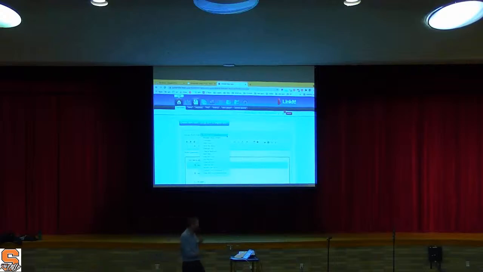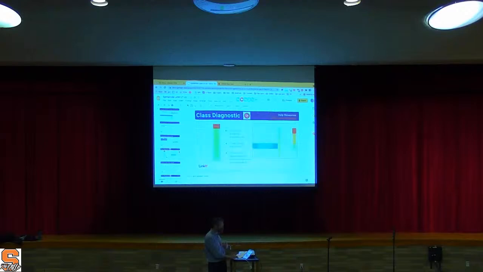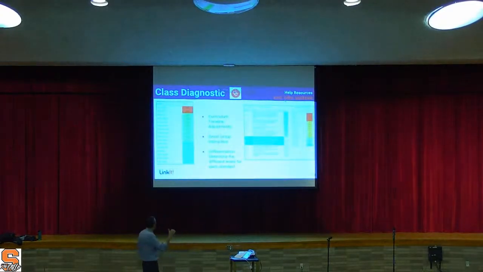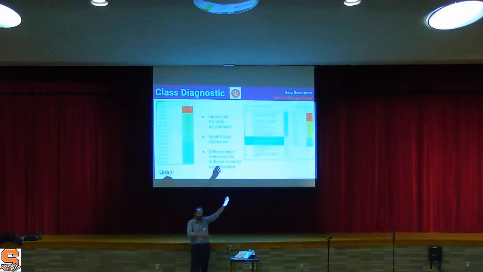Another big reason that teachers and districts use us for testing is this report that I showed you in the opener, and for those of you who were in the last session, this class diagnostic. If you can put standards on related to questions, you can make that shift from, hey, my class got a B average, to these are the standards my class knows in green, and these are the standards I may need to spiral back to.